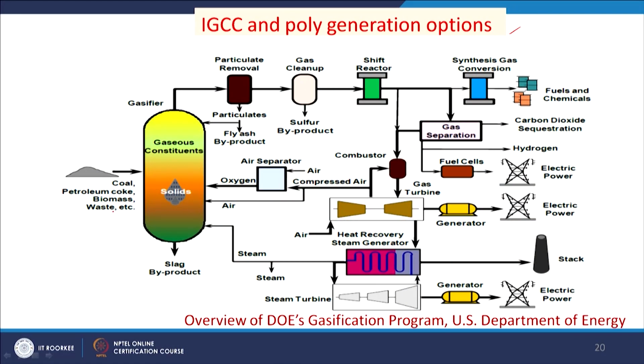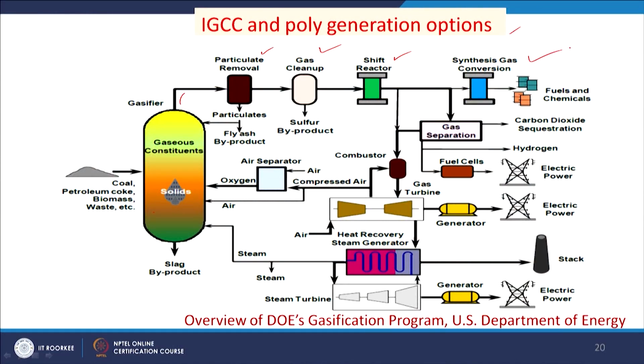So, you see here we use coal or any carbonaceous material, then syngas is produced, then particulate removal, gas cleanup, then shift reaction, conditioning, then we get the desired concentration of H2 and CO in the syngas.